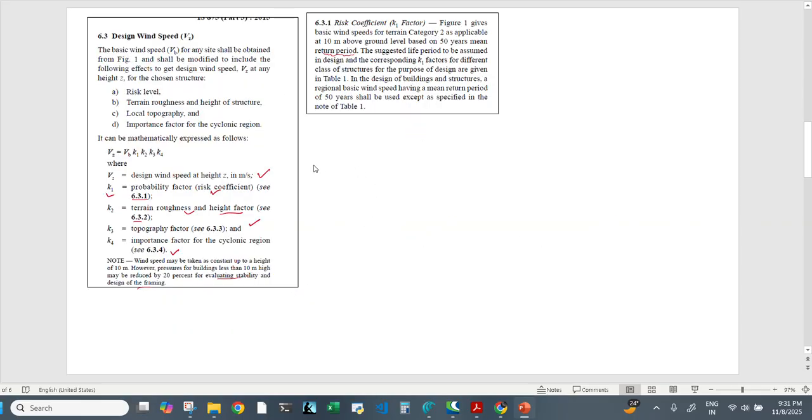Now, how is the design wind speed calculated? The basic wind speed VB, obtained from figure 1, shall be modified to include the following effects for design wind speed Vz at any height Z: the risk level, the terrain roughness, and the importance factor for a cyclonic region.